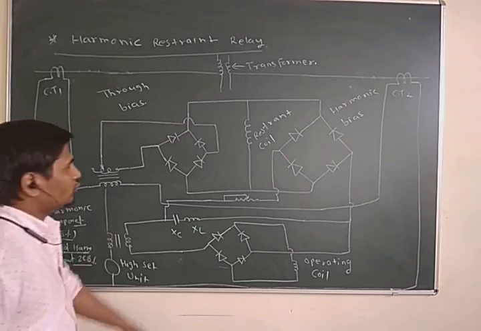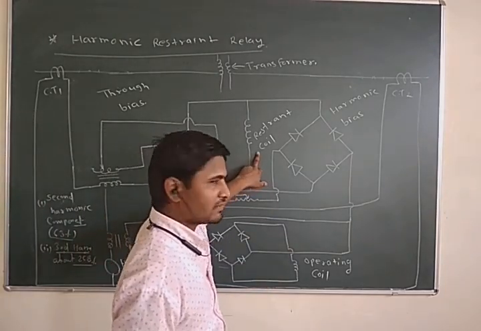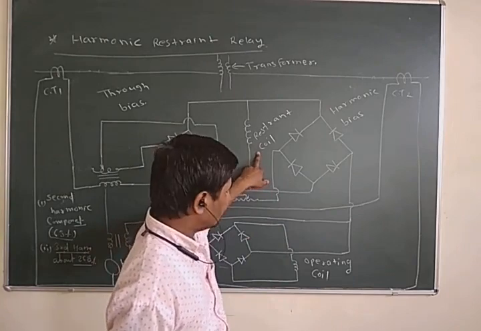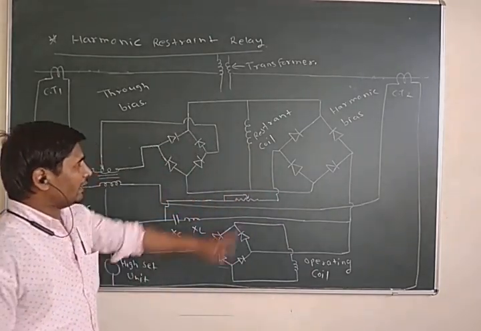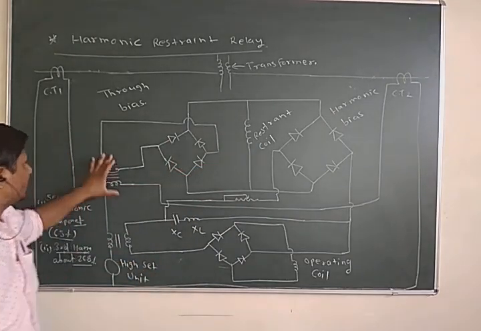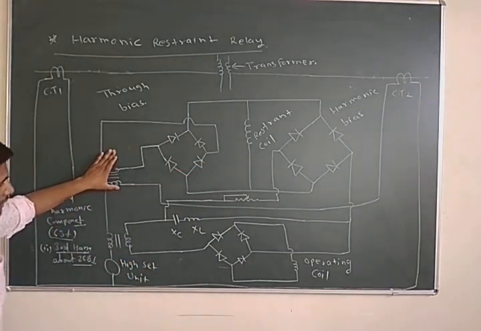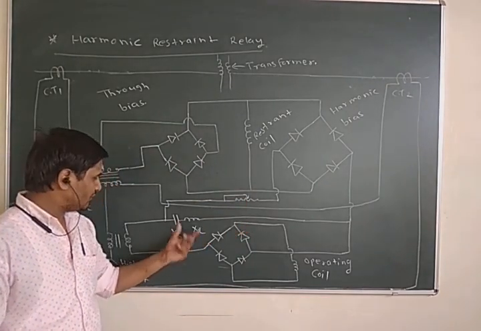So now we use two parts, one is the restraining coil, and the second part is the operating coil. This is a filter circuit.